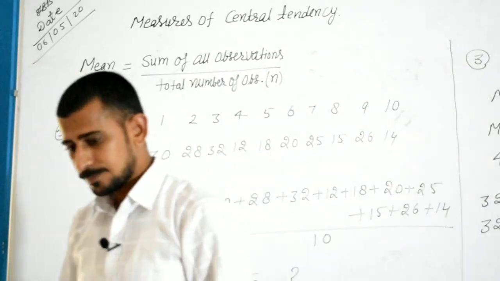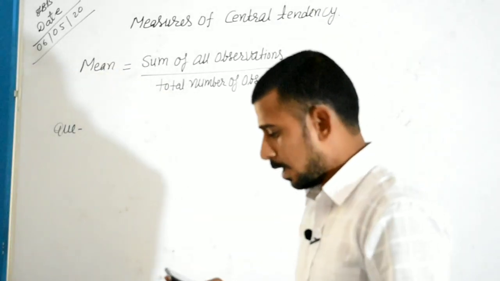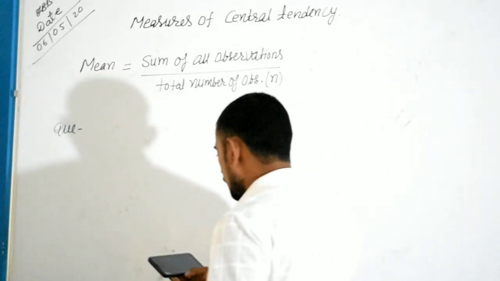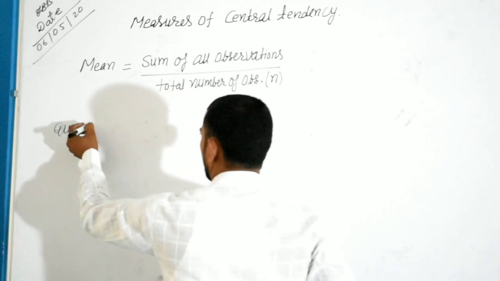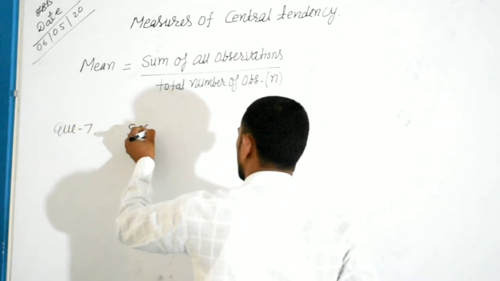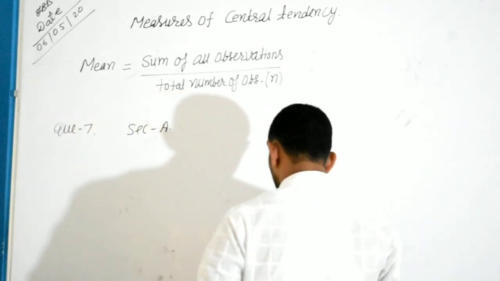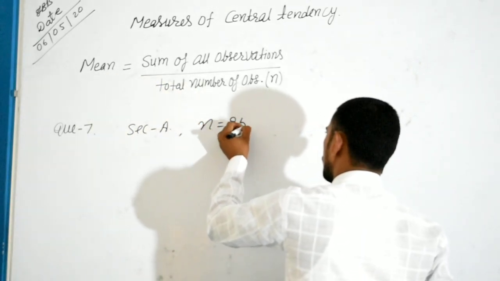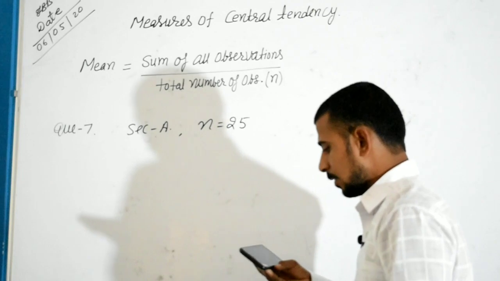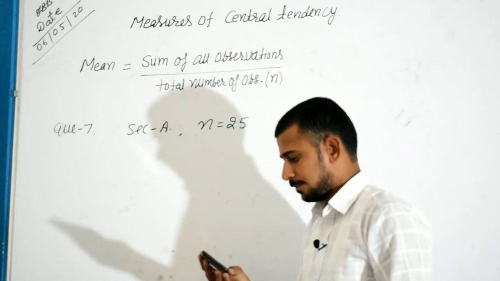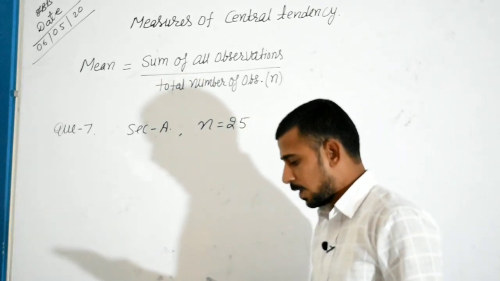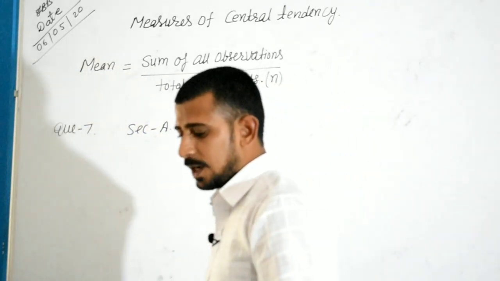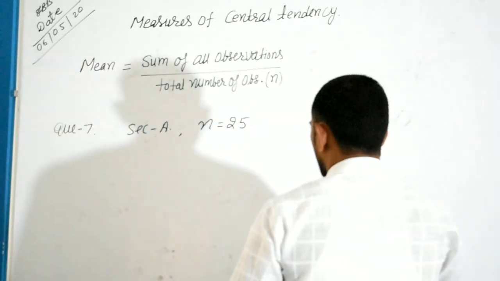Okay, look, next question. The average weight of 25 students of section A, meaning the value of n is equal to 25. The average weight of 25 students of section A of a class is 51 kg.